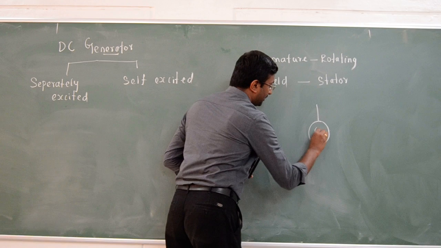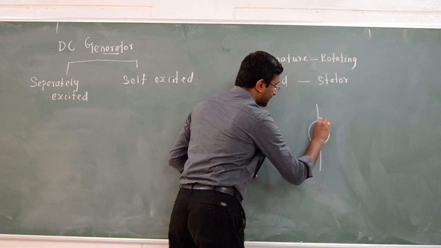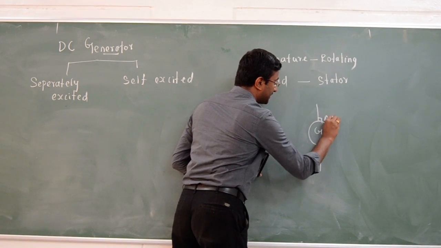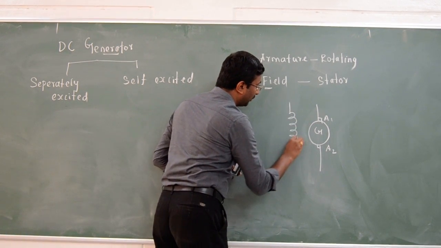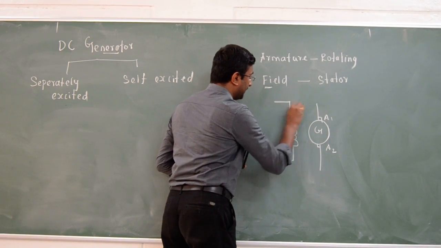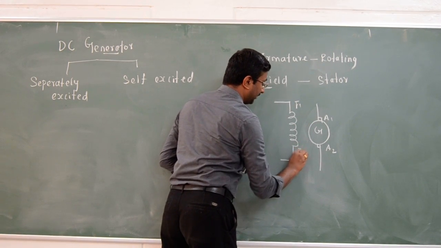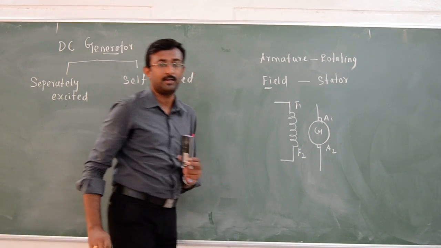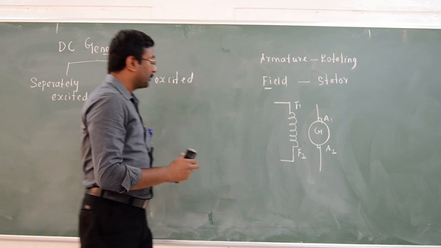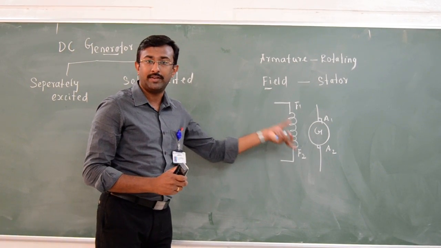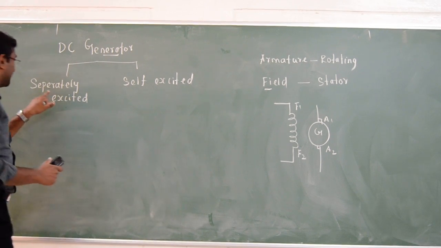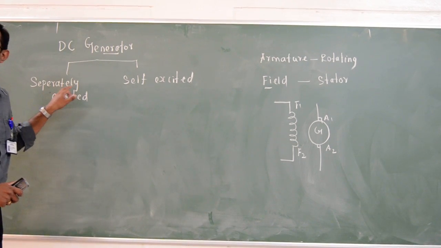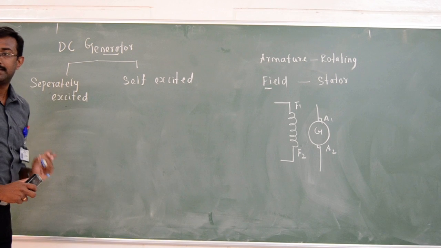This is the armature, which is A1 and A2, and this is the field, which can be represented as F1 and F2. These two are the main important parts of a DC generator, right? Based on the excitation given to the field winding, it is classified into two types: the separately excited DC generator and the self-excited DC generator.